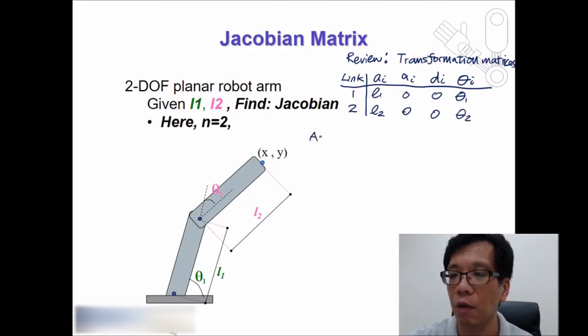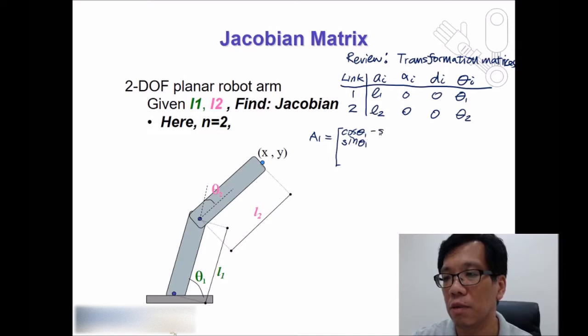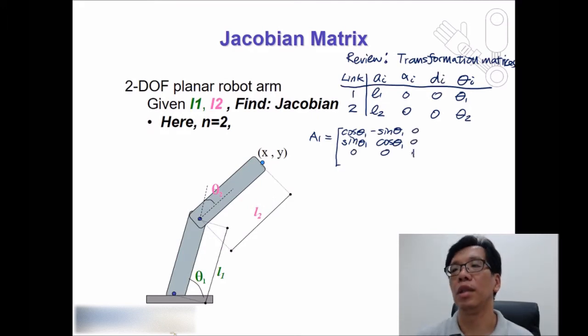A1, from frame 0 to frame 1, which should be pretty straightforward. It's going to be cosine theta 1, sine theta 1, negative sine theta 1, cosine theta 1, 0, 0, 0, 0, and 1. This is going to be my rotation matrix.